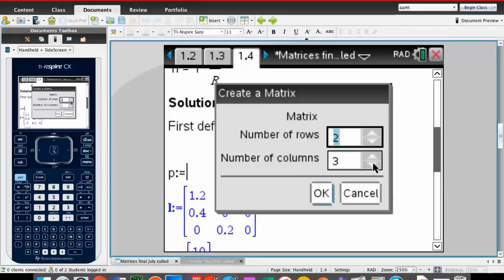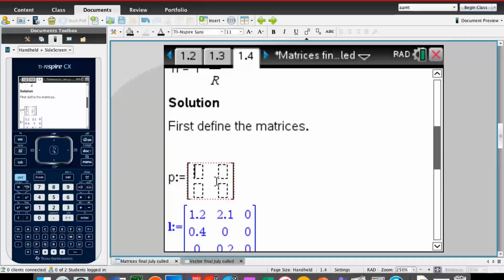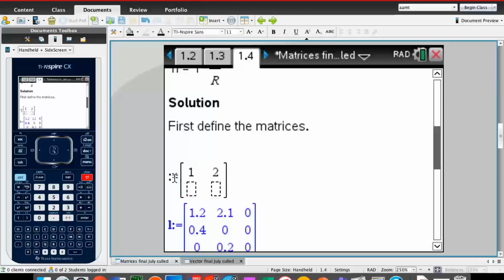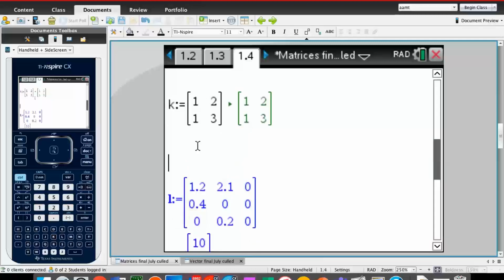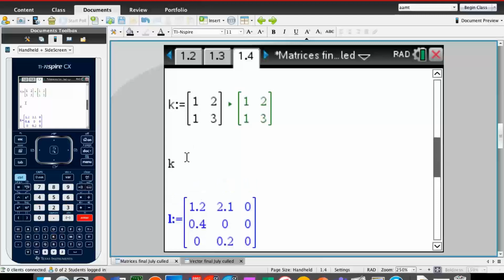So this is not the Leslie matrix, this is just an example. Now I don't want to use P actually because I'm using P further down. So let's say we use K, that might be better. And now don't jump out of the box, hit enter, and there's our matrix there. So matrix K, whenever I click K, that should turn up when I have it inside a math box.